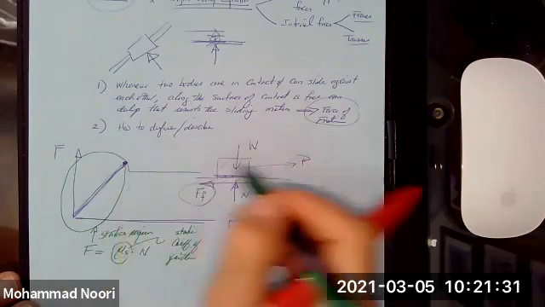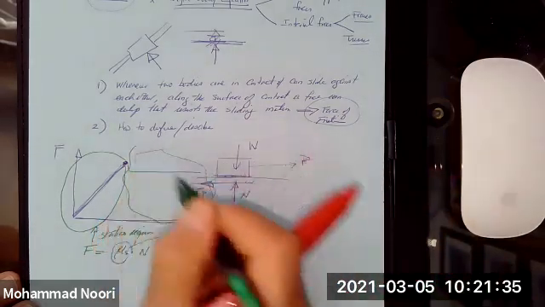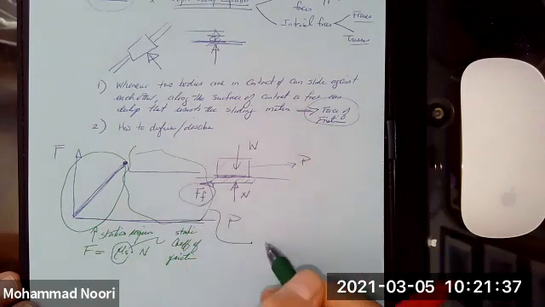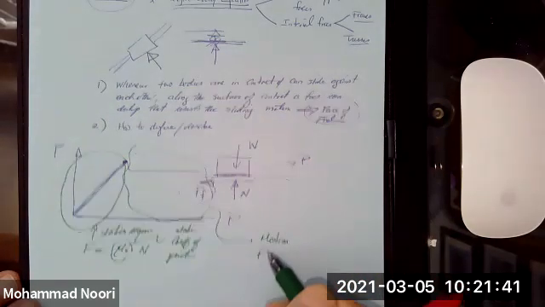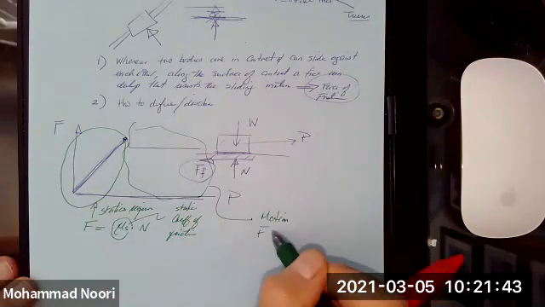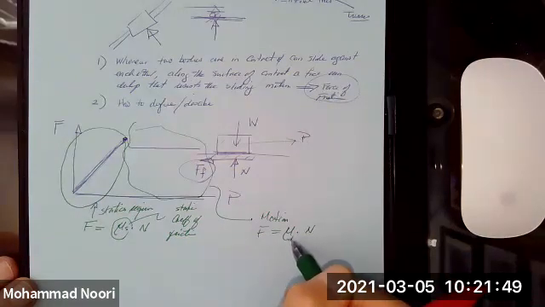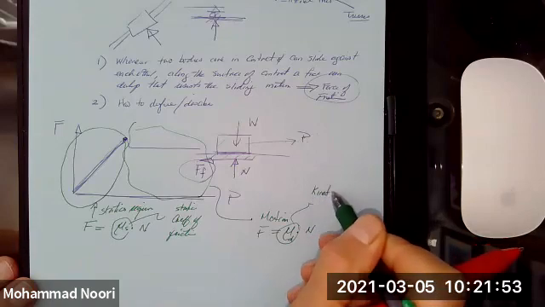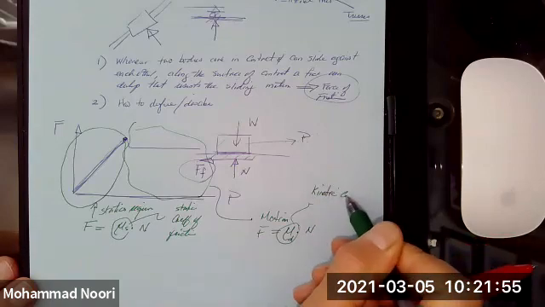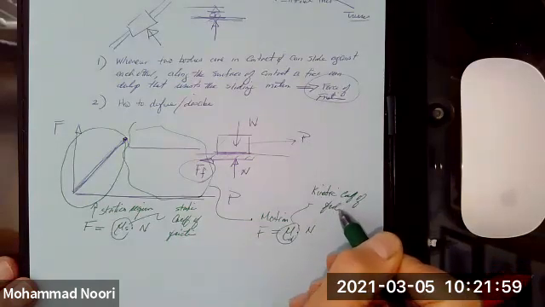Then beyond that, as you further increase, a motion starts, and in this region, now you have motion. Still, we assume that the force that develops is related to this normal force through another coefficient, which we call kinetic coefficient of friction.